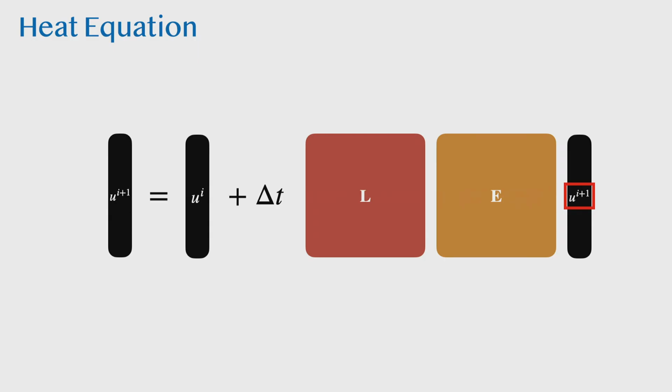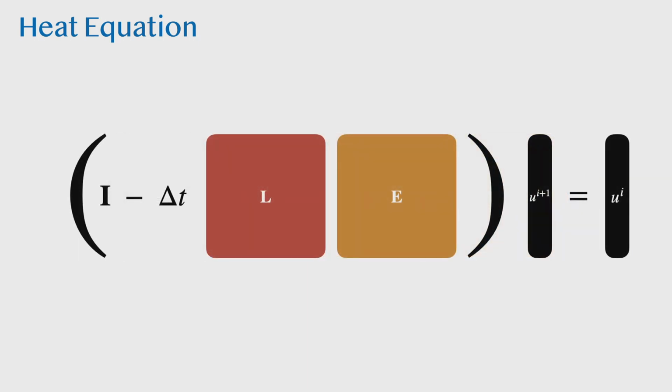For backward Euler time stepping, the far right u_i becomes u_{i+1}, and then you need to rearrange the equation and solve the full matrix equation. So instead of doing the matrix multiplication and addition, you have this linear system you need to solve. And one important thing to point out here is that the L and E matrices, when you're using them in a matrix system, there's a small modification you actually have to do to them.